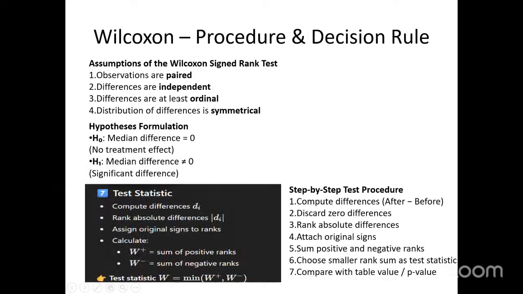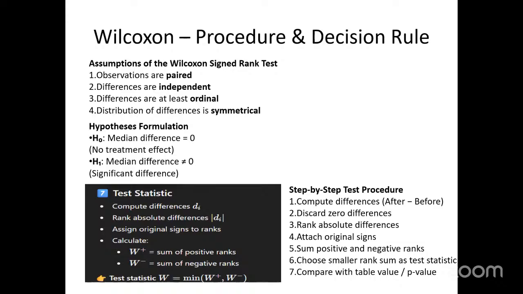So our assumptions are exactly similar. The new assumption is that the distribution of differences is symmetrical. The null hypothesis is that the median difference is zero. In parametric tests we deal with the mean, but here we are dealing with the median, and the alternative is that the median difference is not equal to zero. So what is our test statistic? Compute the d_i, the difference between the scores.